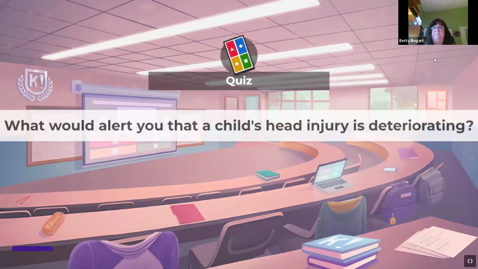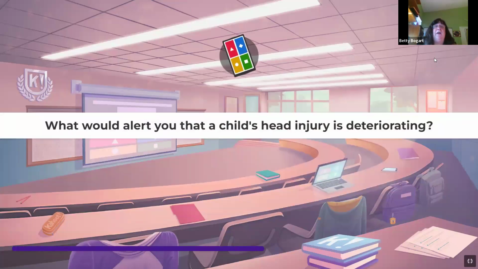A multi. What would alert you that a child's head injury is deteriorating?